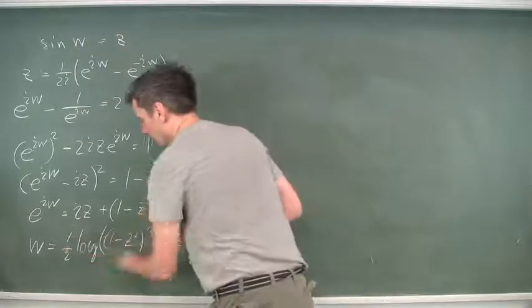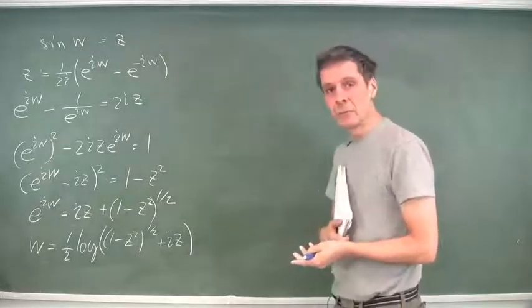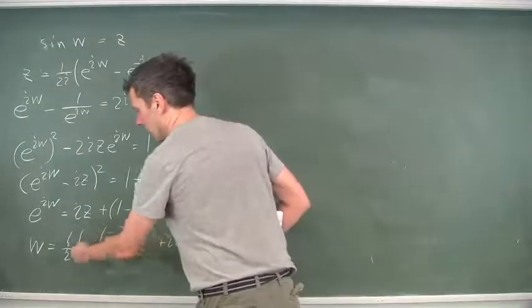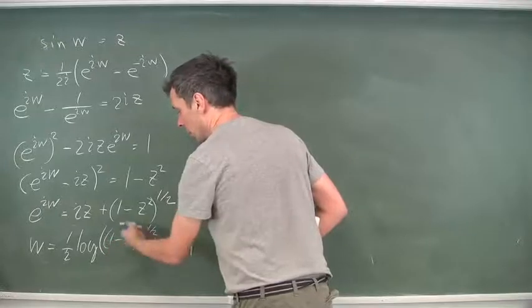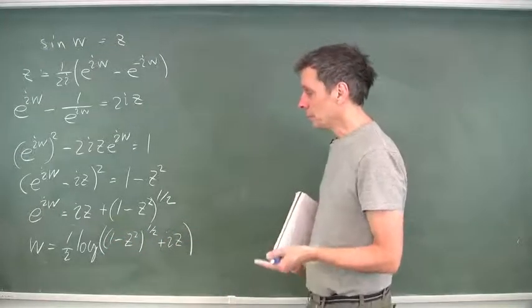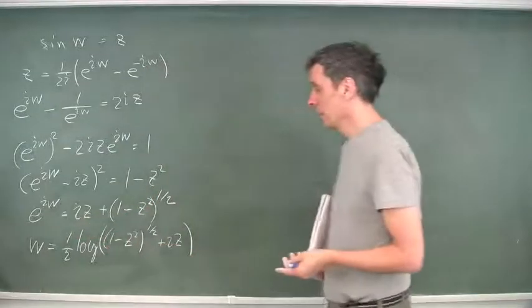So this, what we have here, is really now a formal expression for the inverse sine function. But of course, it involves this multivalued logarithm, and we also have to make a choice when we define this square root. So it's not really uniquely determined as it stands here.